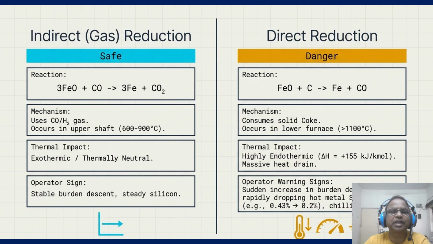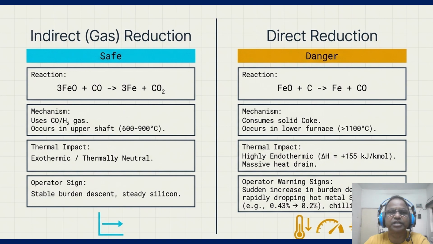This is the direct reduction, where solid coke reacts with FeO. The chemical equation shows this is highly endothermic, draining 155 kilojoules per kilogram. The so what is a chilling furnace.